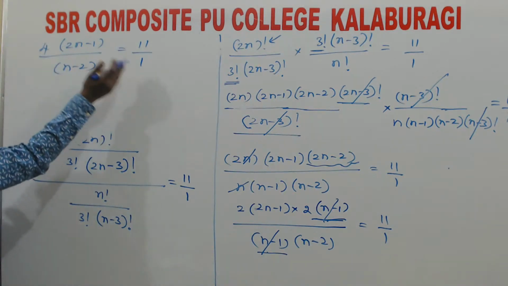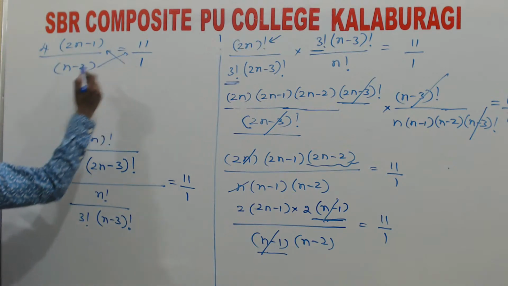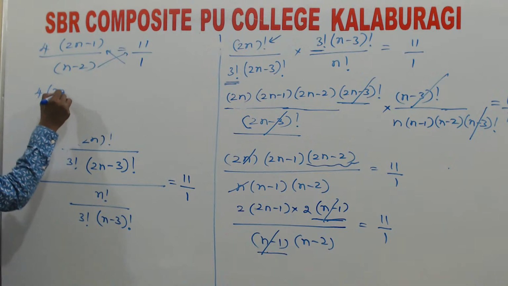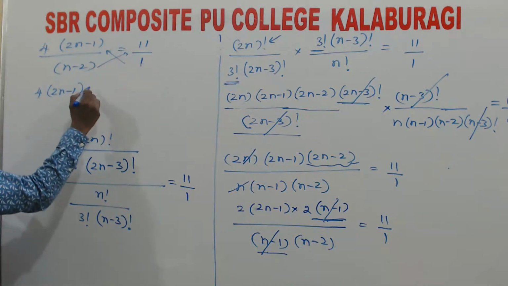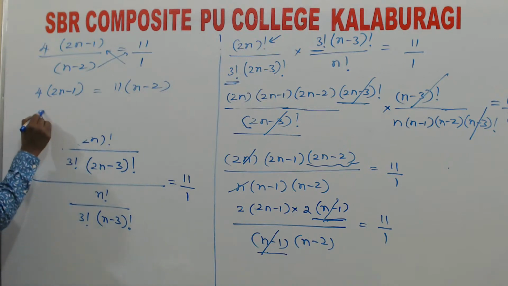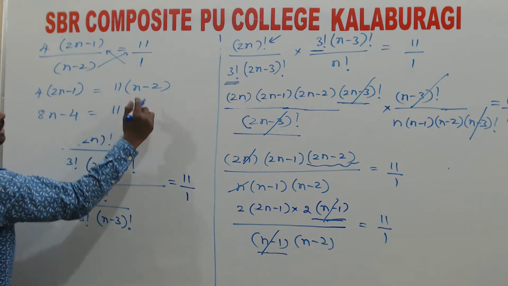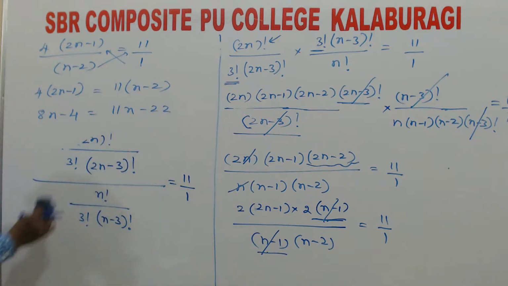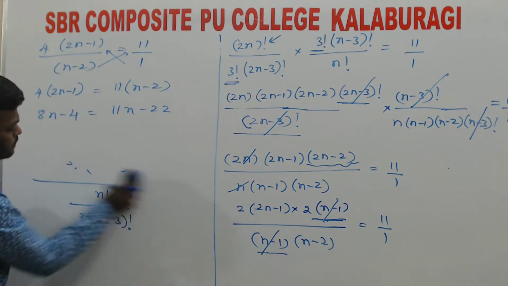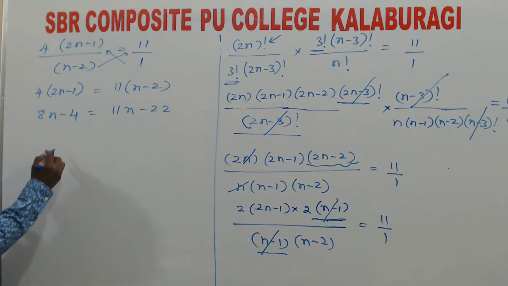Okay, so now cross multiply, students. So 4 times of 2n minus 1 into 1 will be the same, which is equal to 11 times of n minus 2, right? 4 2s are 8 minus 4, which is equal to 11n minus 22. Okay, so take the like terms together.